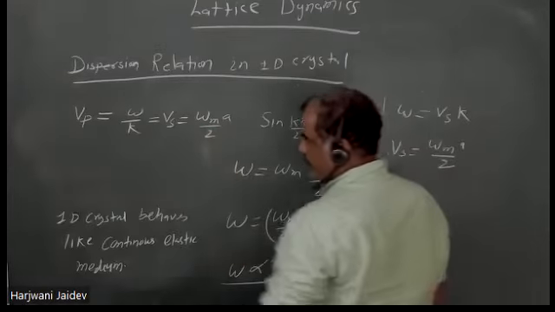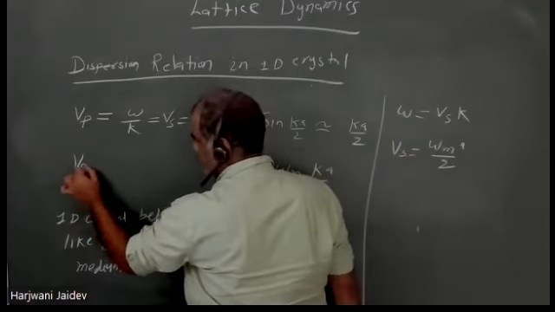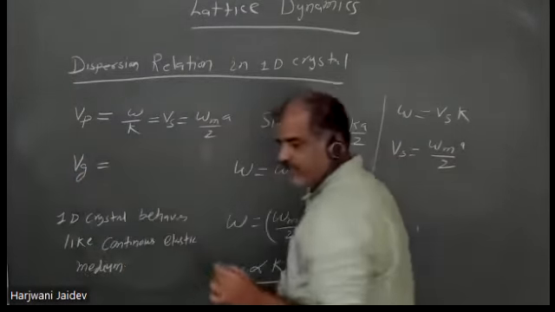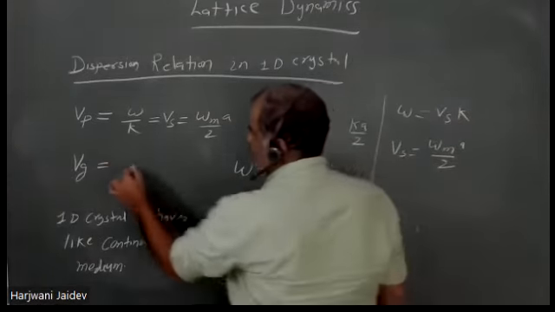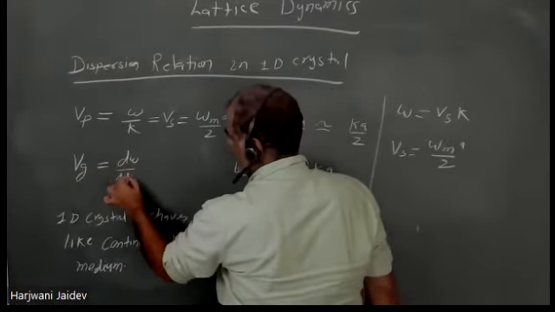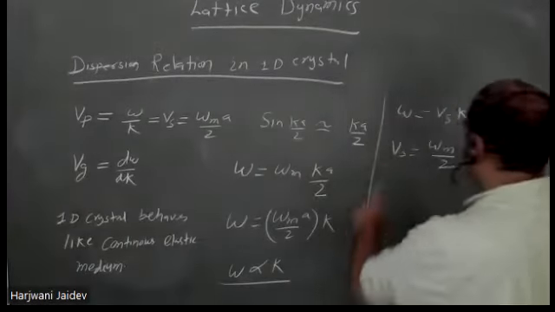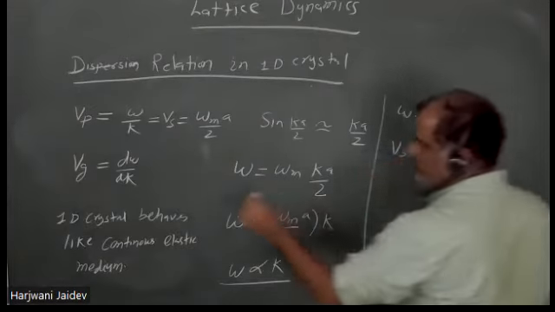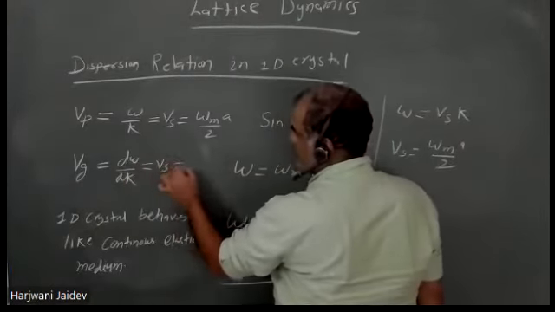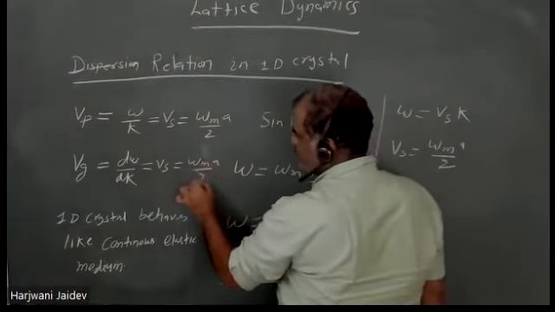Now if I want to calculate group velocity Vg, the formula is d omega by dk. If you do d omega by dk, again it will come vs, so vm a by 2.